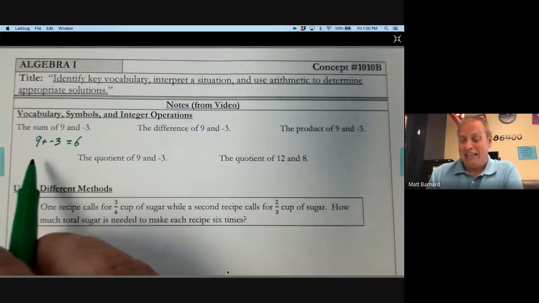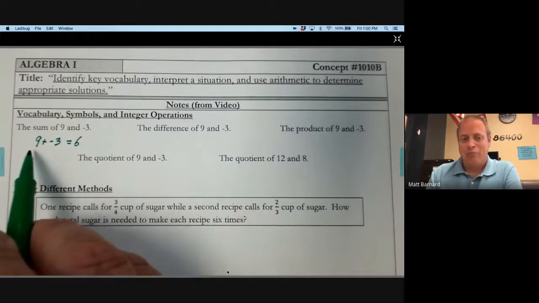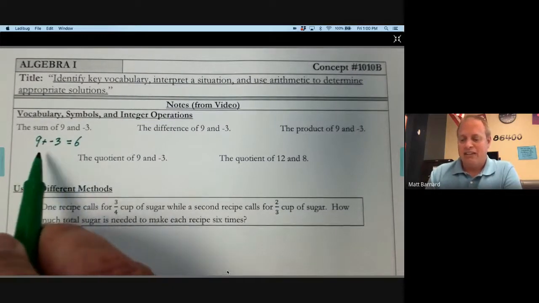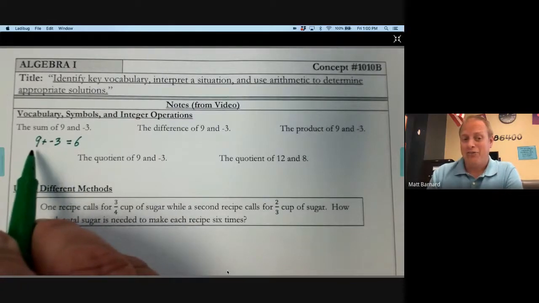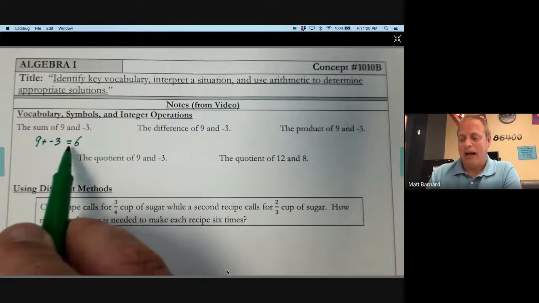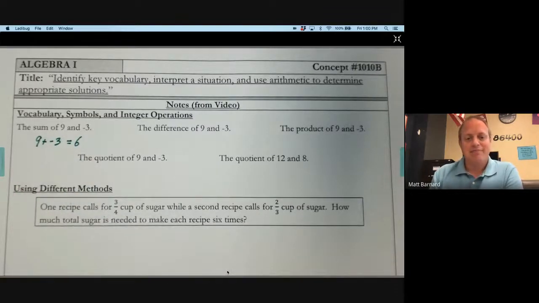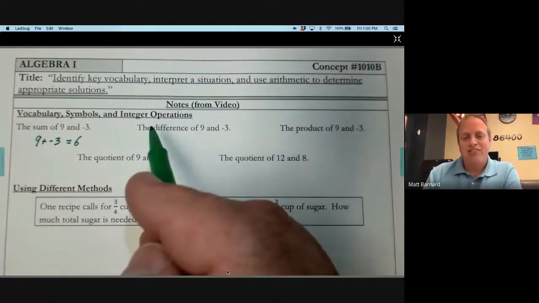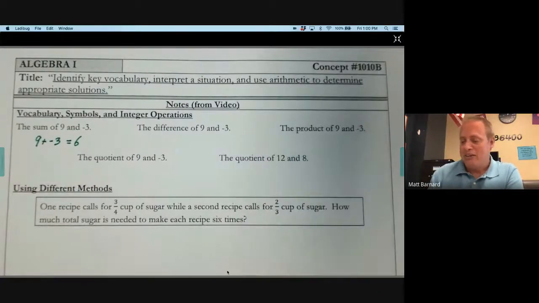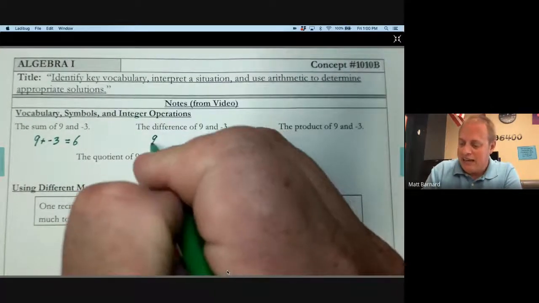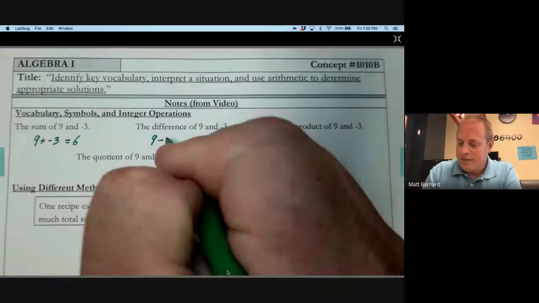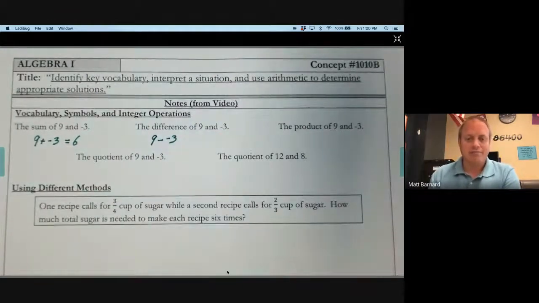Remember, when we add integers, we look to see, do we have more positives or more negatives? In this case, we have more positives. So how many more positives? Well, we have 6 more positives than negatives. Difference. Difference means to subtract. And the order here does matter. So we're looking at 9 minus a -3.